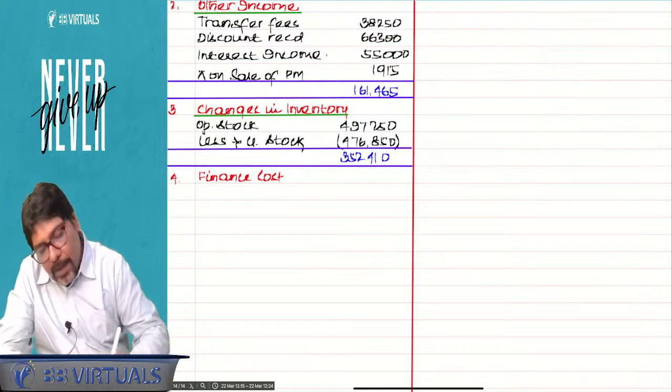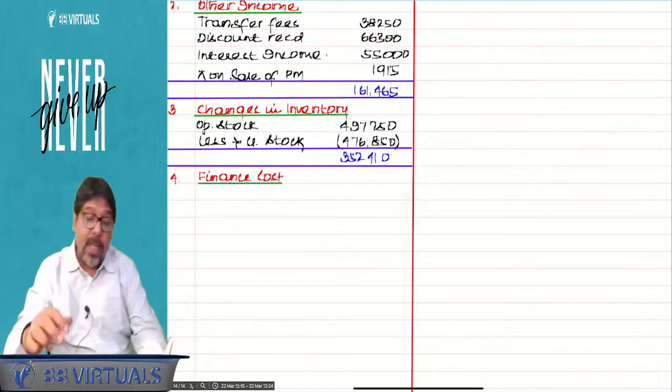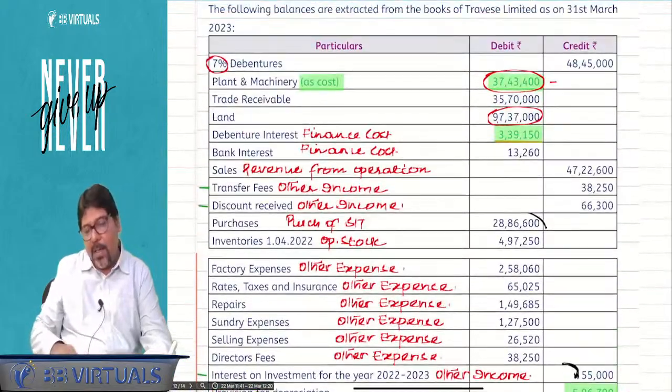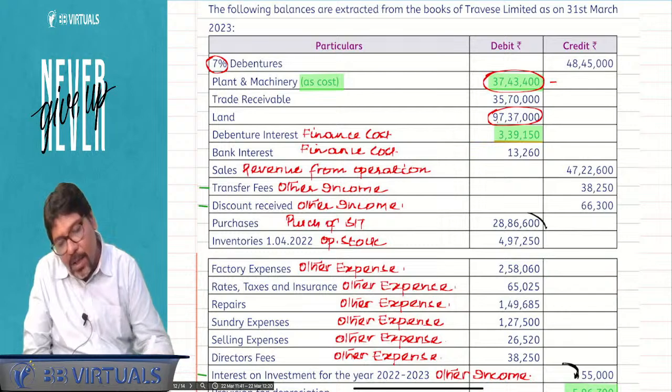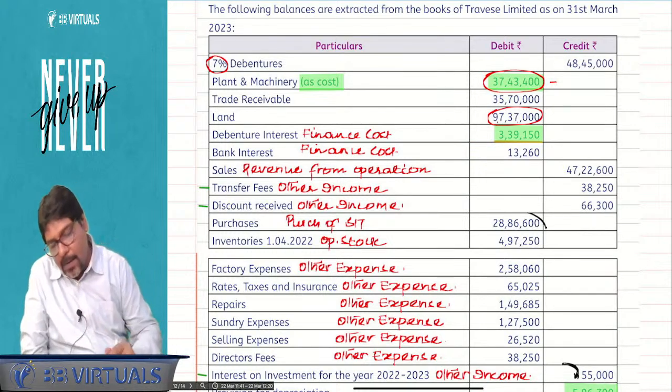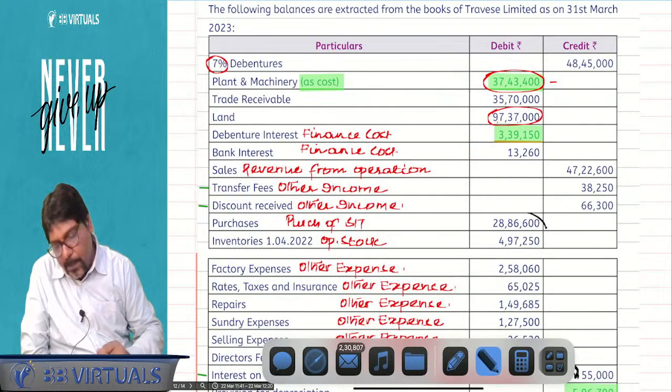Now chartered, what is finance cost? Debenture interest. Debenture interest is given as finance cost 339,150.